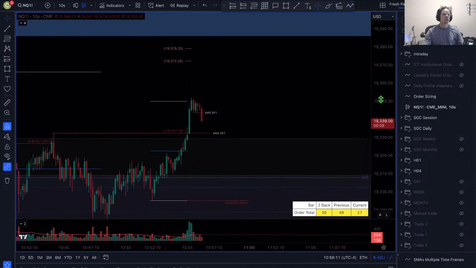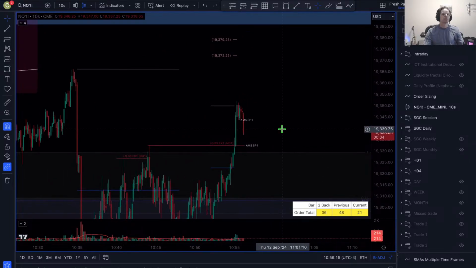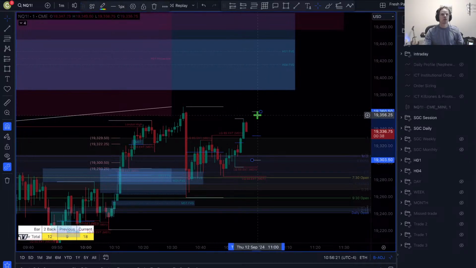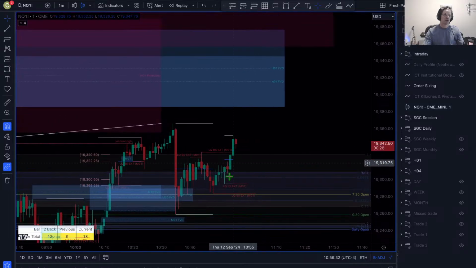Is there equals? There's liquidation. Looks like we might get a jump start out of here as well. Potentially. But right now we didn't, and I couldn't trade that AMS because I don't have a liquidity sweep here on this. Unless I use that, I still couldn't.